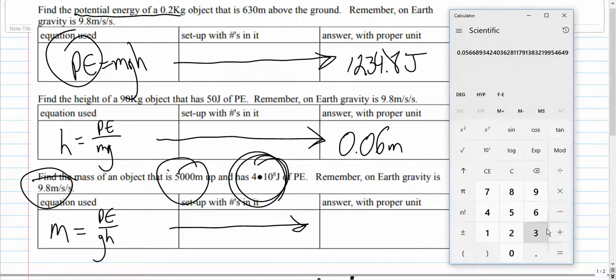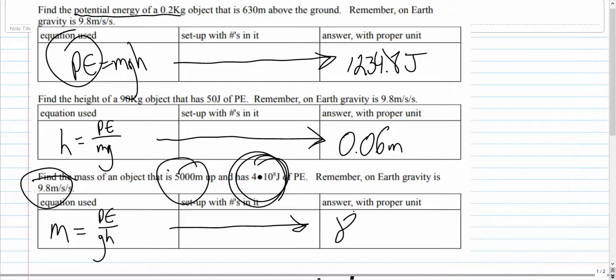You could refer back to number 3 if you wanted to. It looks a lot like this one. So I'm going to have 4 exp 8, that's 4 times 10 to the 8th joules, divided by my gravity, 9.8, divided by my height, which was 5,000, and I get 8163.27. So 8163.27, and mass is in kilograms.